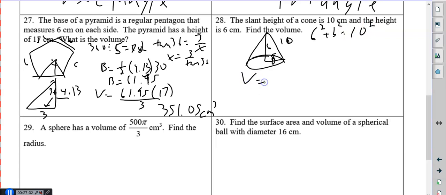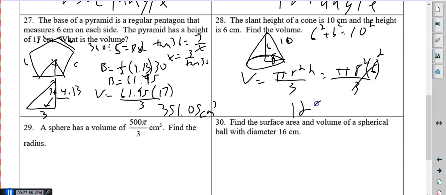So volume is pi r squared h divided by 3. So that's pi 8 squared times 6 divided by 3. 3 goes into 6 2 times. So that's 2 times 64, which is 128 pi centimeters cubed.